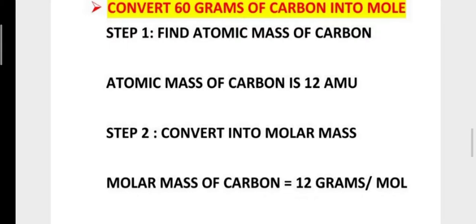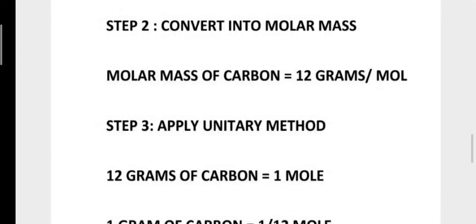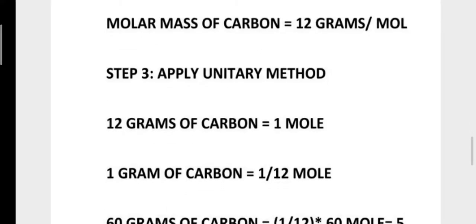Next, in step 2, convert it into molar mass. What is the molar mass of carbon? Atomic mass expressed in grams, that is 12 grams per mole. Now apply the unitary method. If 12 grams of carbon is equal to 1 mole, 1 gram of carbon will be equal to 1 by 12 mole.